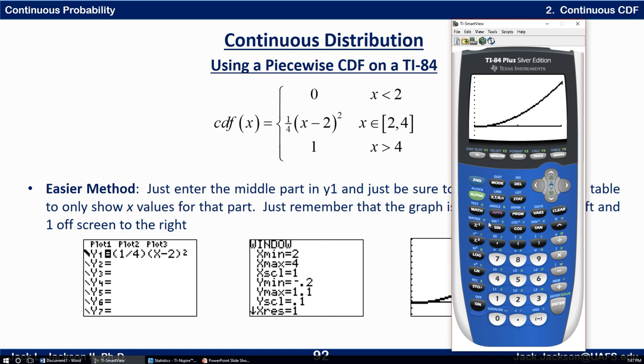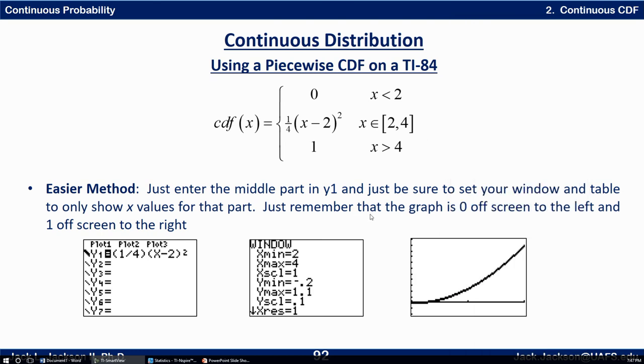So in fact, I don't really need this one here at all. I can just graph this one as long as I only look at the part between 2 and 4 and ignore anything else. So I'm only using this formula. I only do anything with this in that interval. Then everything is good to go.